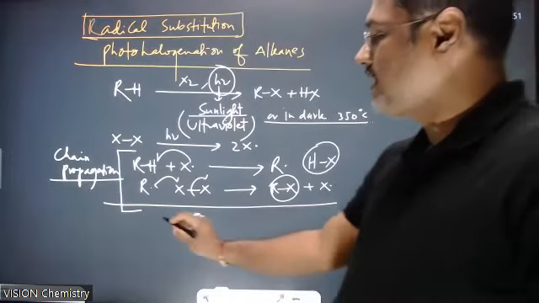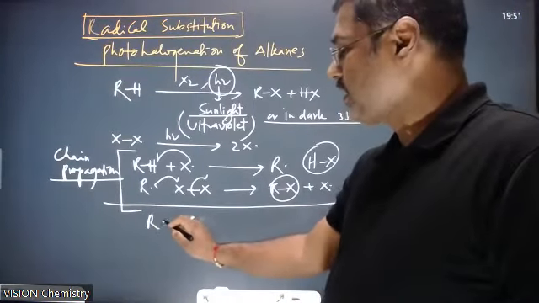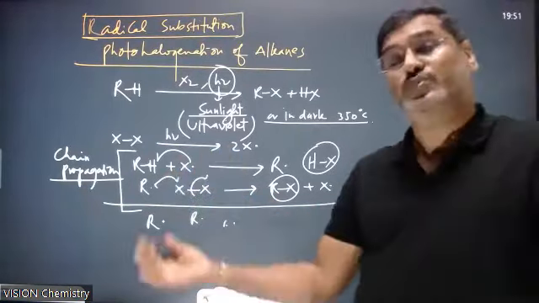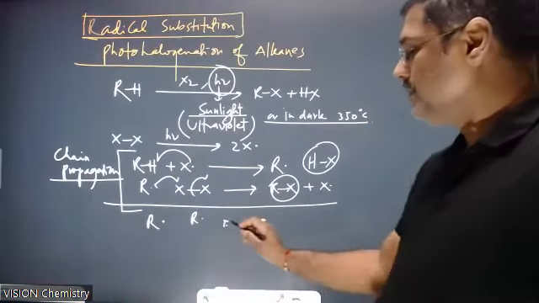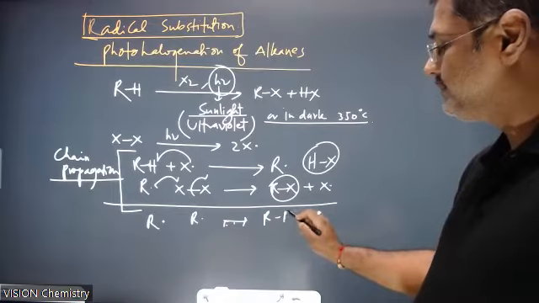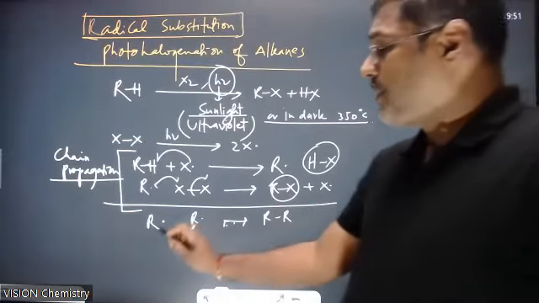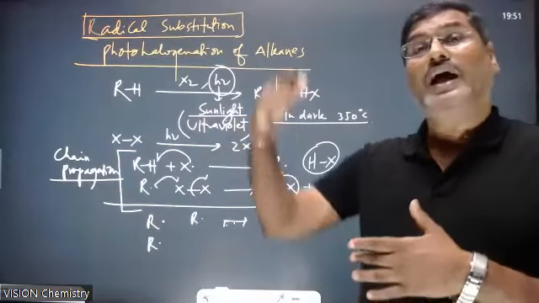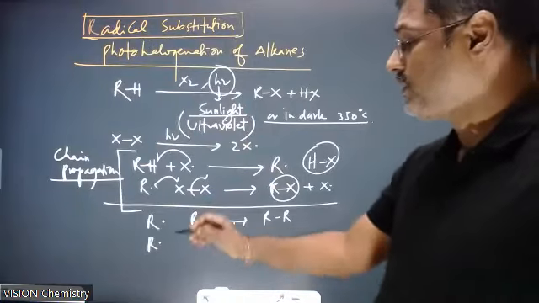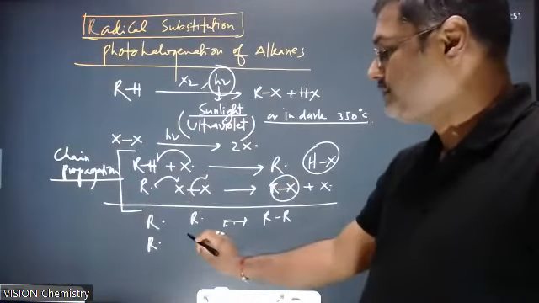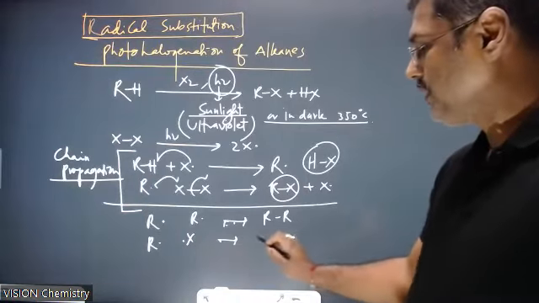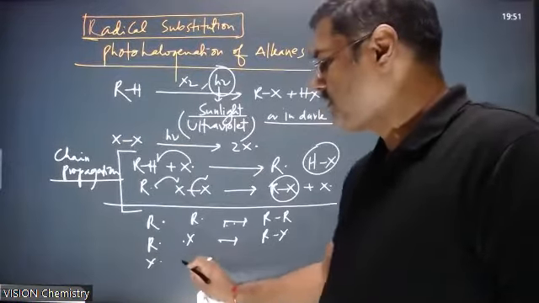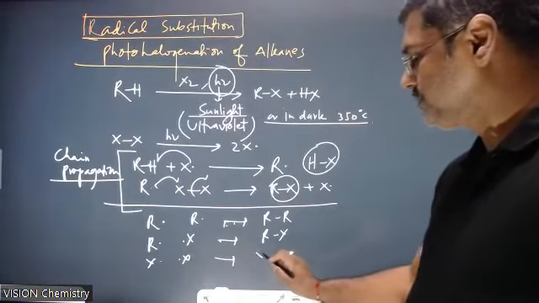There is a chance that the alkyl free radical that forms may combine with another alkyl free radical, if there is not enough X2 near and around, giving R-R. Another possibility is that the alkyl free radical may combine with a halogen atom already present, which is working in some other propagation, and form RX. And one more thing, a halogen atom with a halogen atom will form X2.